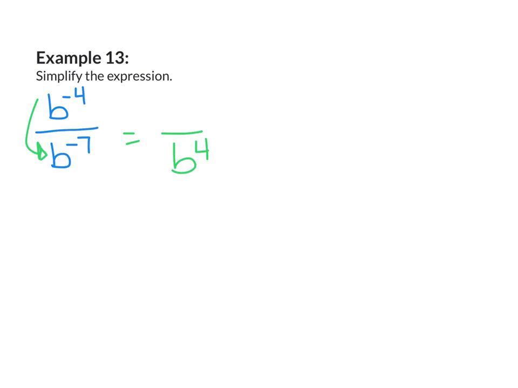Now I'm going to go ahead and switch my b to the negative 7 into my numerator. So it'll be b to the 7. Now I'm going to go ahead and subtract. So 7 take away 4 gives me 3. So my answer will be b to the third power.